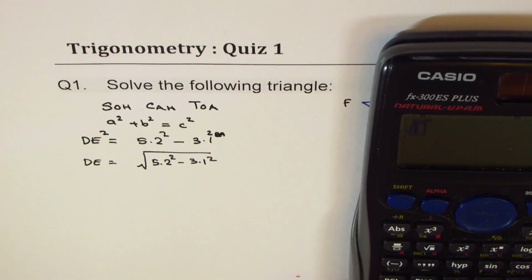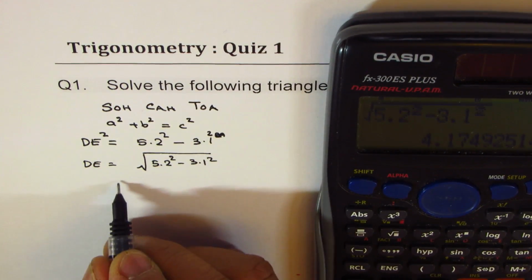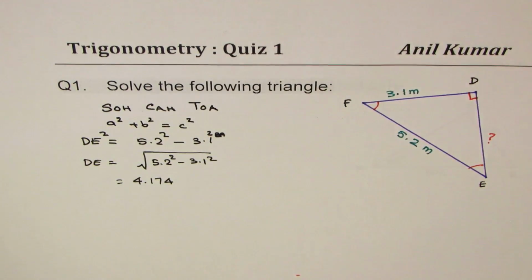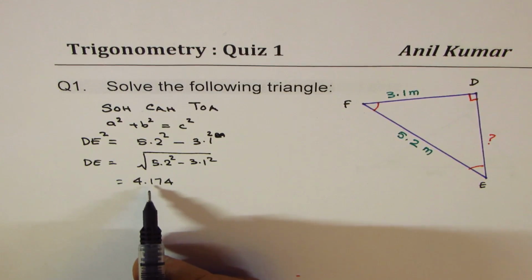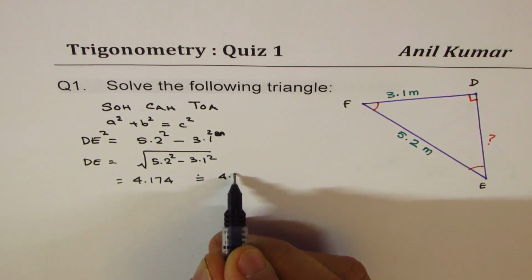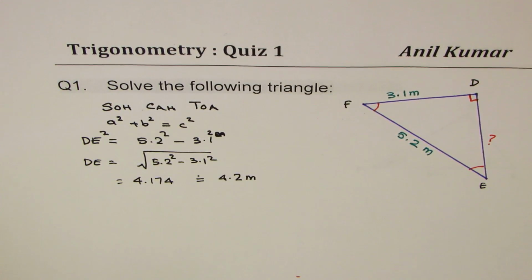Let's calculate with the help of a calculator. That is equal to 4.174, correct? Now since the dimensions are given to one decimal place, we'll round this to one decimal place and write our answer as 4.2 and the units are meters, correct? So that is one way of solving it.